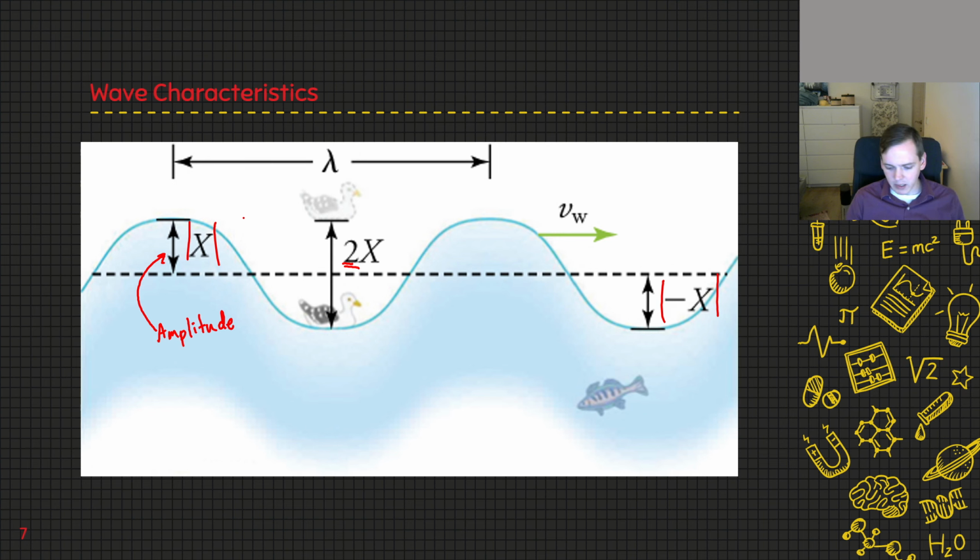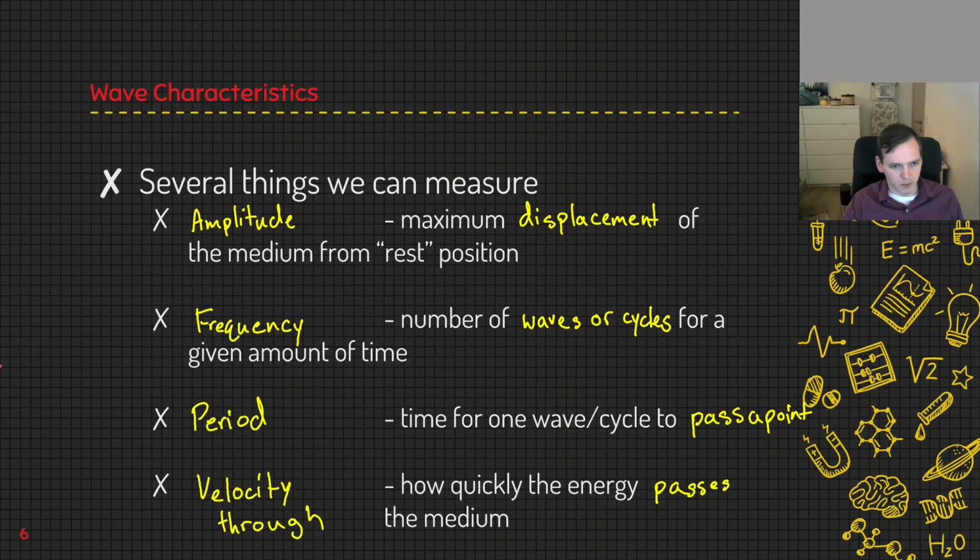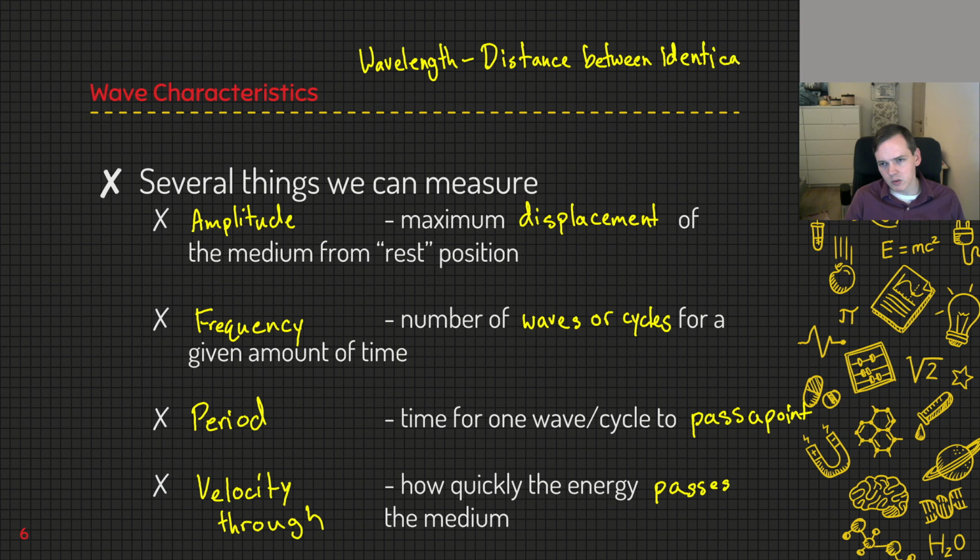I realized we actually left off wavelength on the previous one. So let's add that in. So wavelength is the distance between identical positions or points on adjacent cycles.